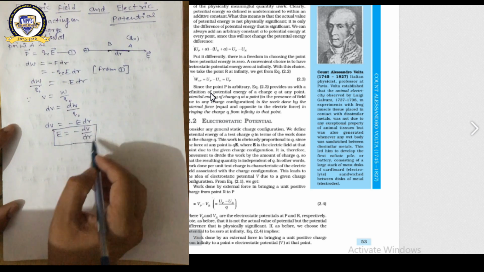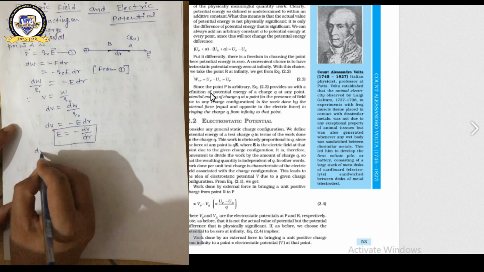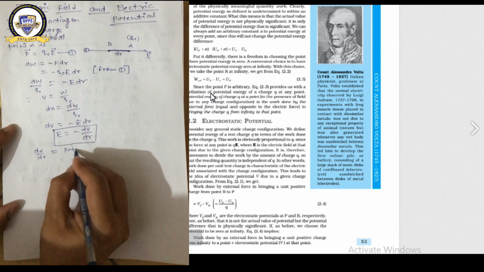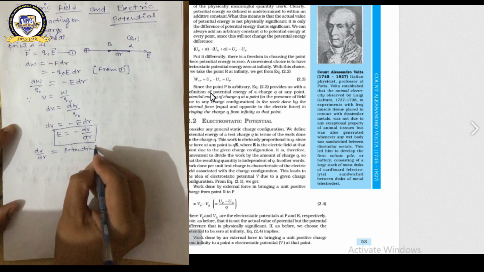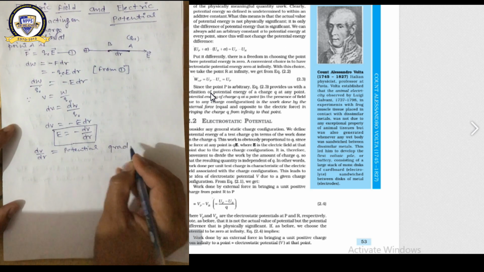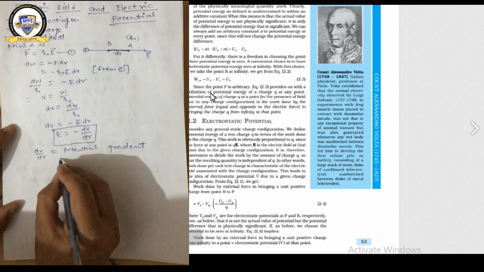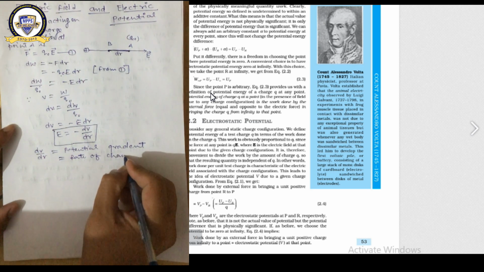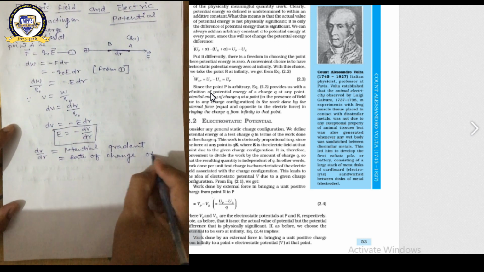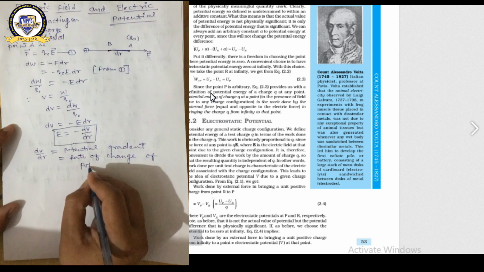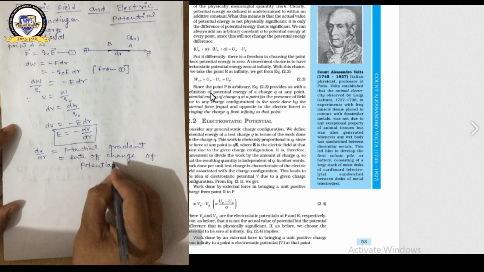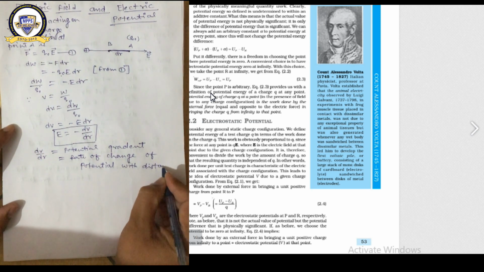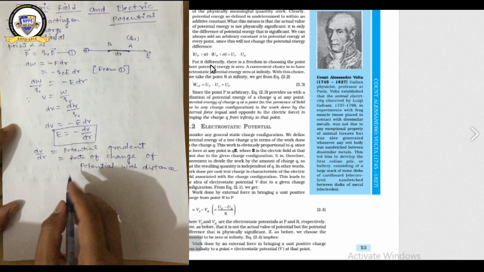Here dV upon dr is known as potential gradient, and it is defined as the rate of change of potential with distance.